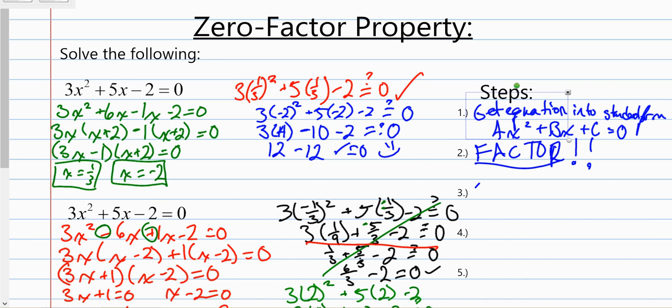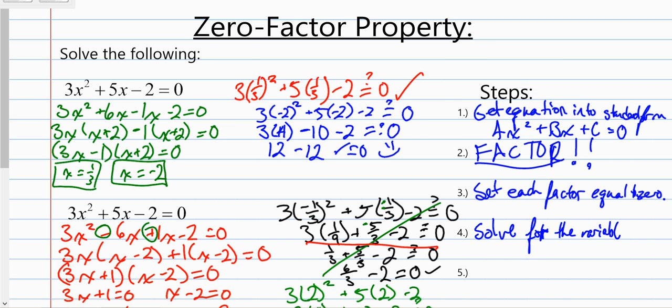Step 3 is to set each factor equal to 0. Once you've done that, you can solve for the variable from each factor.